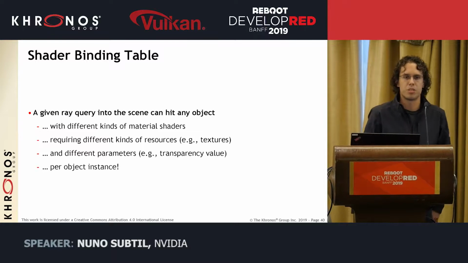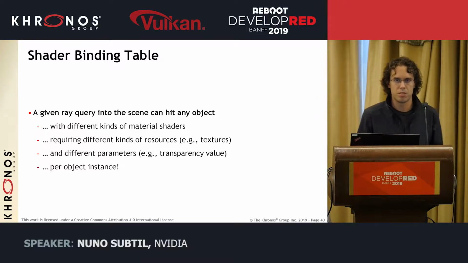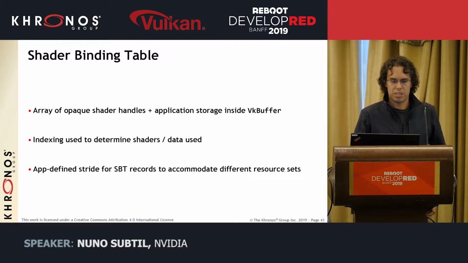It may need different resources available. And because you can hit any of the meshes in your scene, this effectively implies that you have to have all of your scene resources available to the ray tracing PSO or to the ray tracing infrastructure all at once, right? This is where the shader binding table comes in.